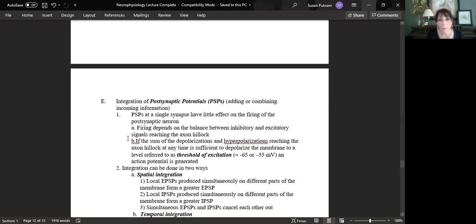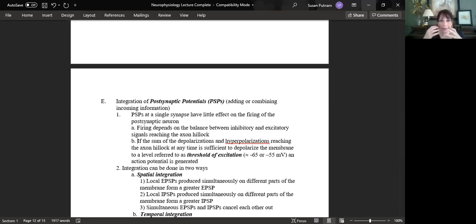If the sum of the depolarizations and hyperpolarizations reaching the axon hillock at any time is enough at the same time, that will be considered a threshold of excitation if it is sufficient to depolarize the membrane to a level where we can generate an action potential.